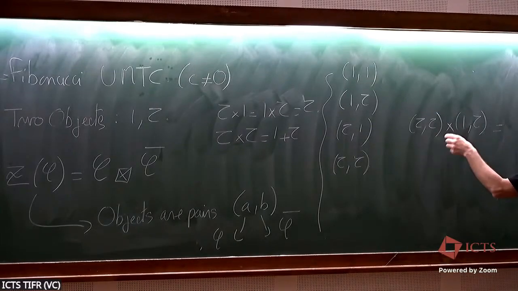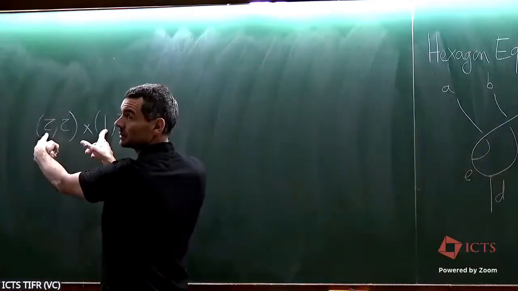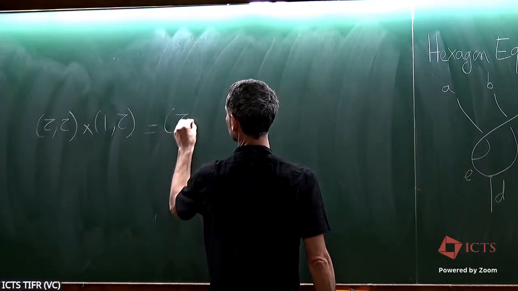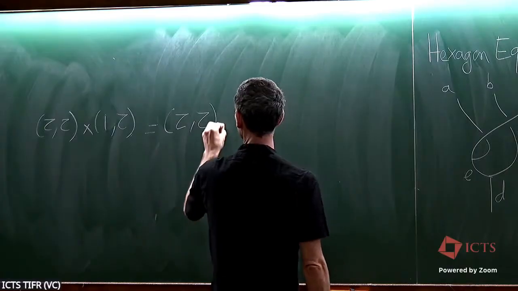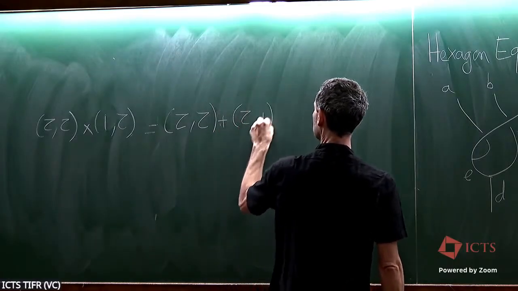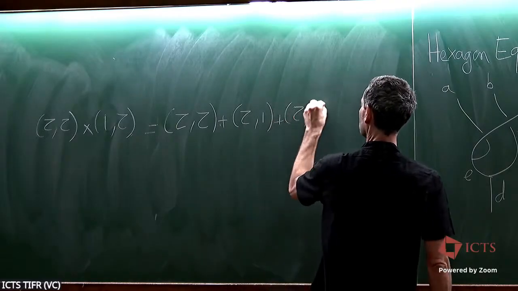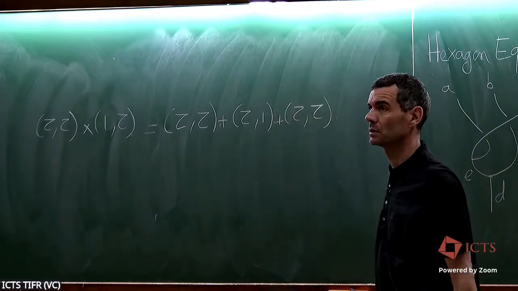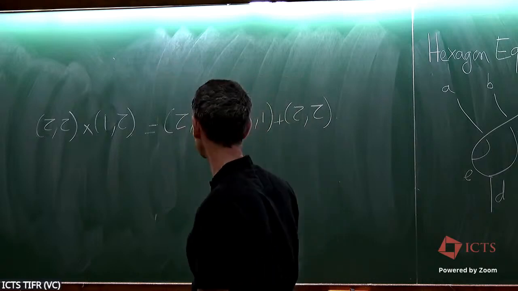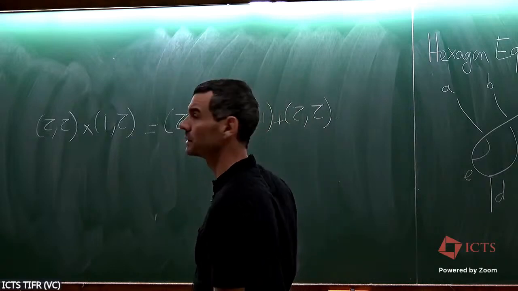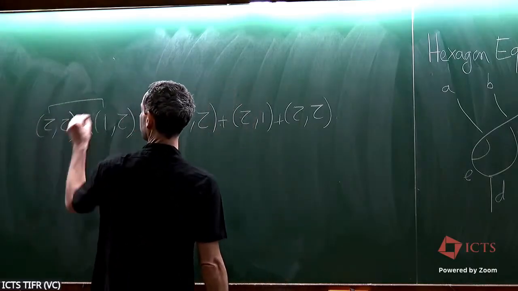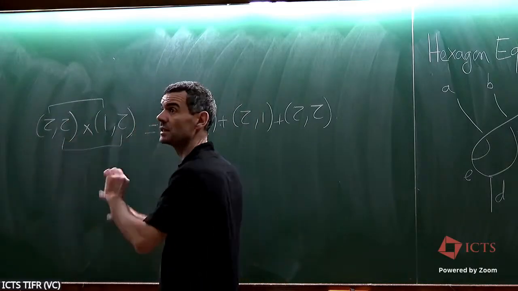Tau cross one. So I have to fuse them piece by piece, okay? So this gives me tau plus tau one plus tau two. And the same kind of thing holds for everything else. Is that clear? So basically, I look at all possible fusions of this and that, completely separately.